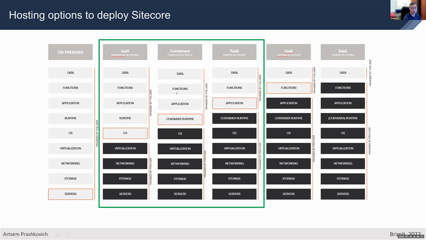For containers, the operating system is a part of our containers, and we are just deploying our application there, and we are responsible for the application and data and everything related to that. And with platform as a service, we also don't need to think about the operating system as well as the container runtime. We are just deploying our application to web apps. So actually, platform as a service is about web apps.